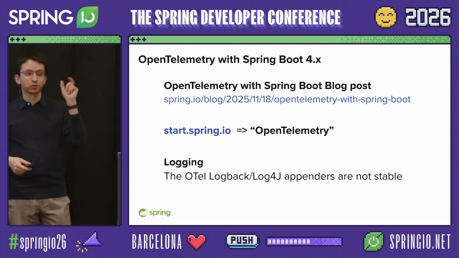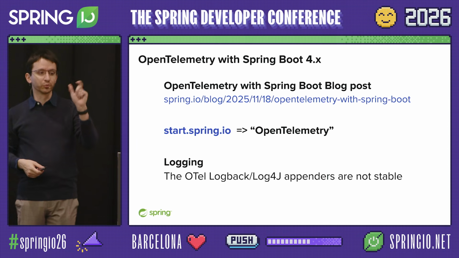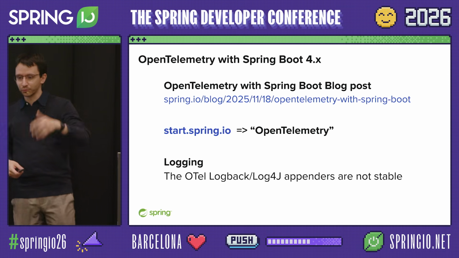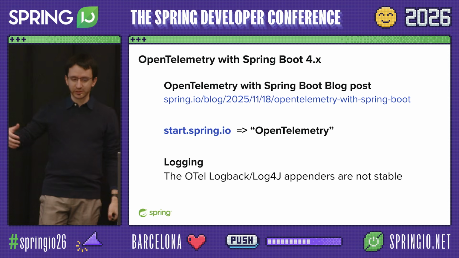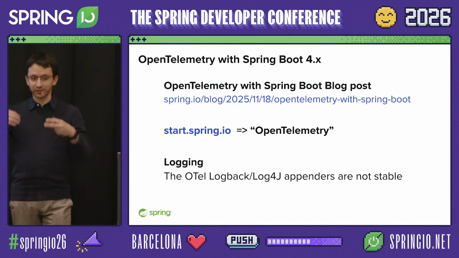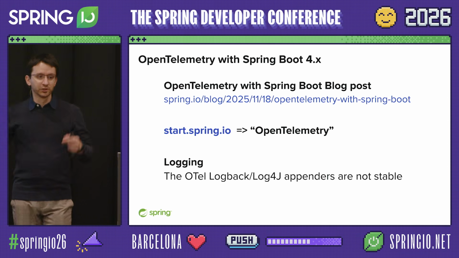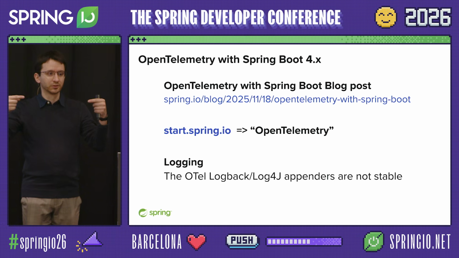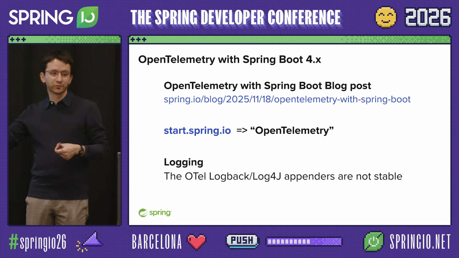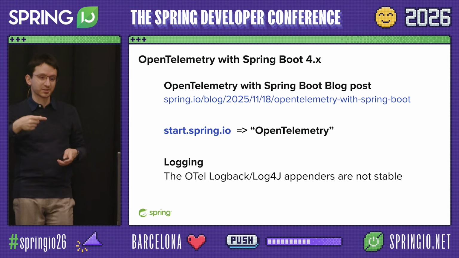And if you choose the Spring Boot version, 3.5 or 4.0, it will give you the right dependencies for that version. So if you just type OpenTelemetry, in the case of 4, you will get the OpenTelemetry starter. If you use 3.5, you will get those 3 dependencies that I showed you.